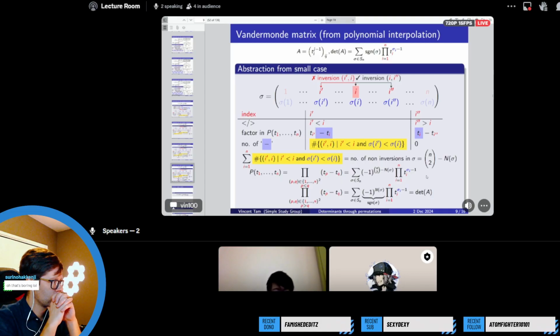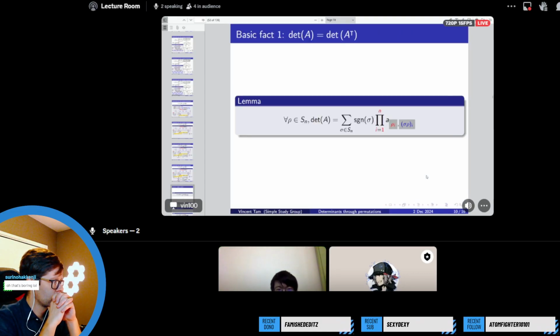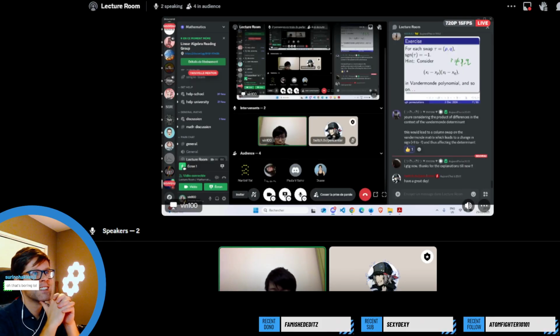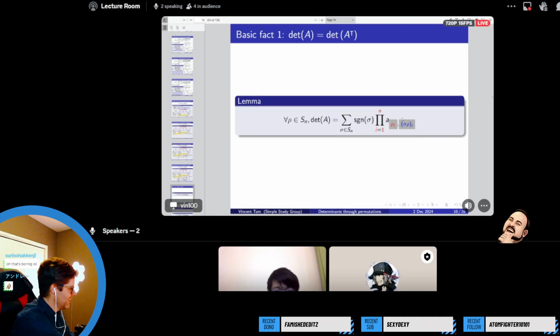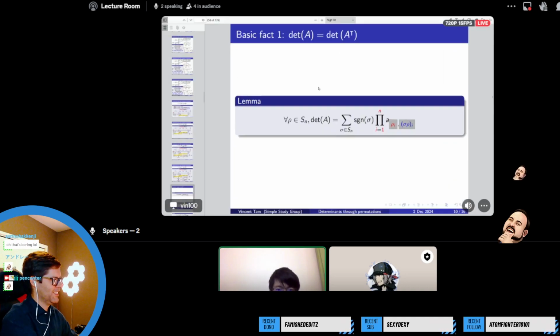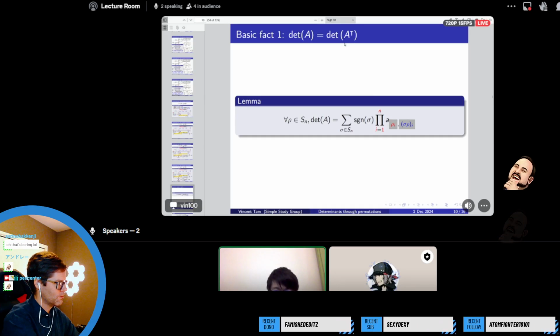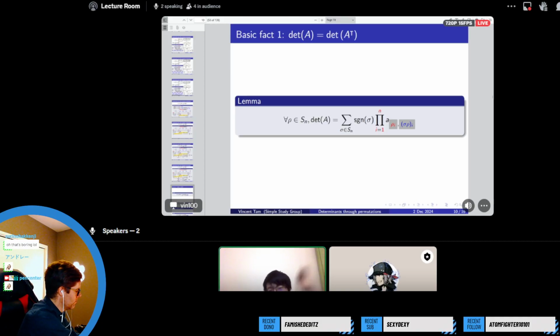That's why we are trying to prove 3 basic facts. The first one is that the determinant of a matrix is equal to the determinant of its transpose.